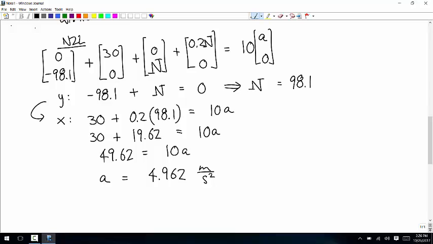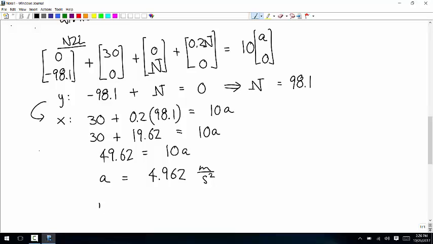That's not the acceleration vector, that's just a value for the variable a. So now we take this and plug it back into the expression that we already came up with for the acceleration vector. You can always take those variable values and plug them back into something in Newton's second law to get the final vector answer.